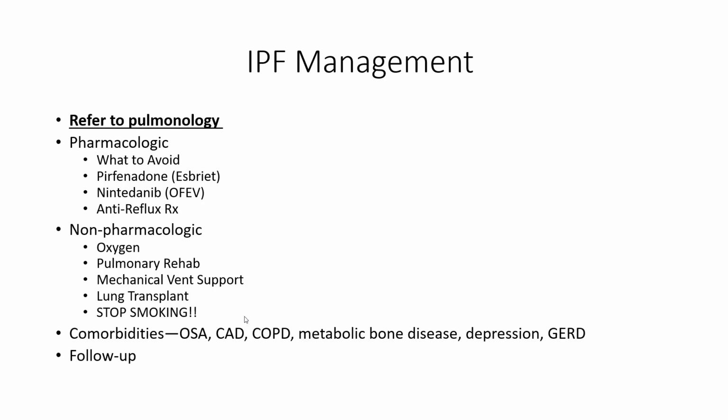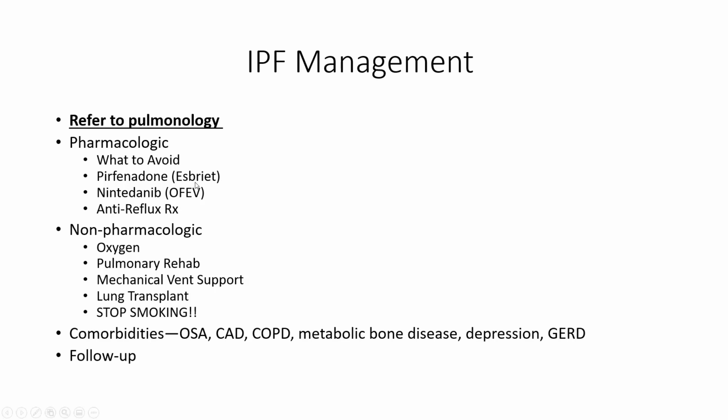Refer to pulmonology. Now, a pulmonologist is going to have to ask themselves, what can we do to help this patient? Well, in terms of pharmacologic therapy, there are things that they may want to avoid giving the patient so that it doesn't make the fibrosis worse. But to tell you the truth, outside of anti-reflux therapy, which you should give to all patients with IPF and any kind of evidence of reflux, there's not that much to do in terms of pharmacologic therapies.